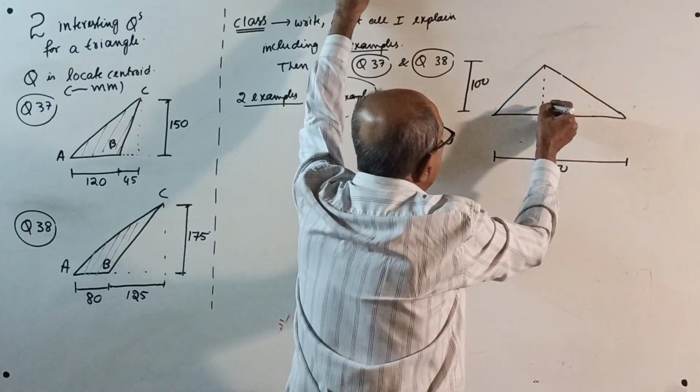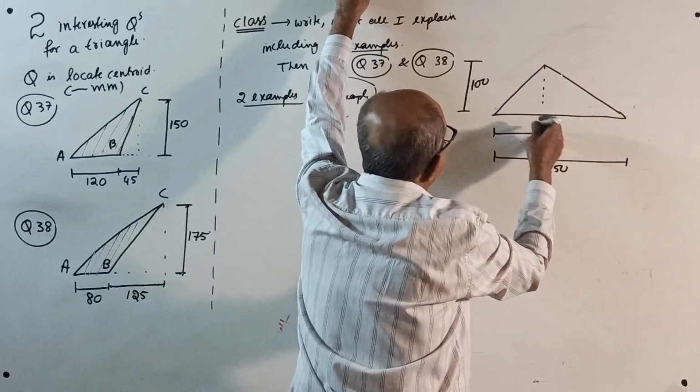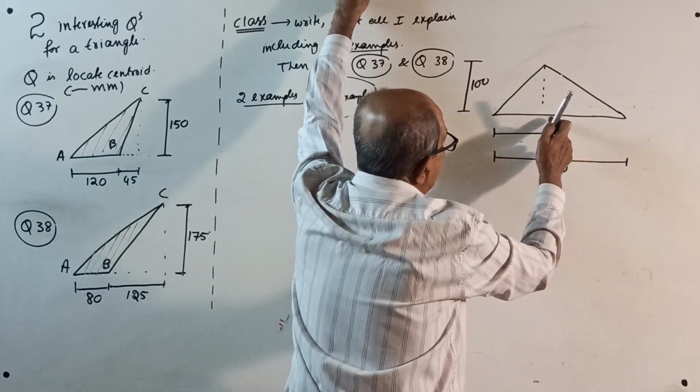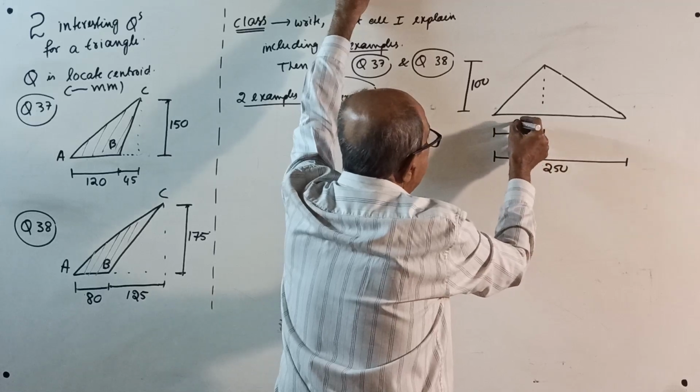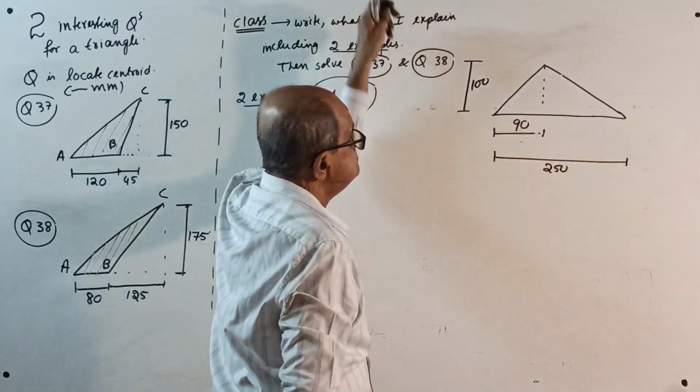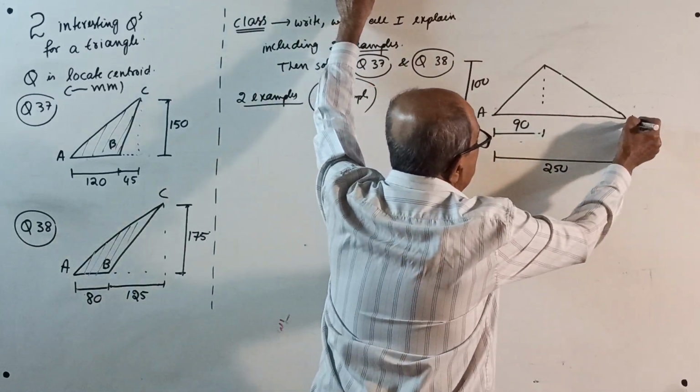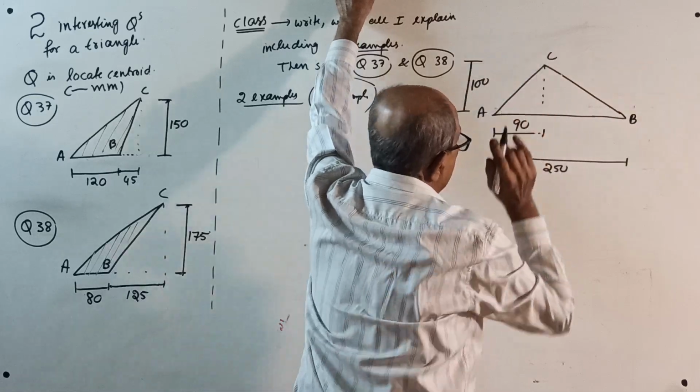Drop a line here. This is 250, half of it 125, 125 less than, let it be 90. Now I will take A here, B here, C here for some reason.